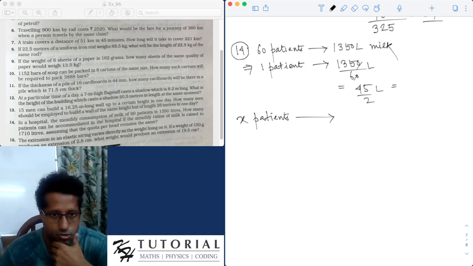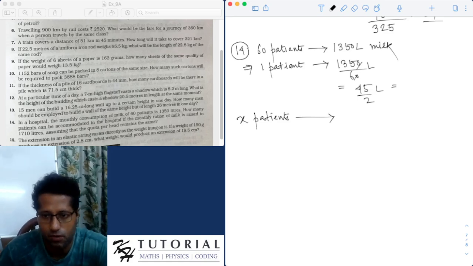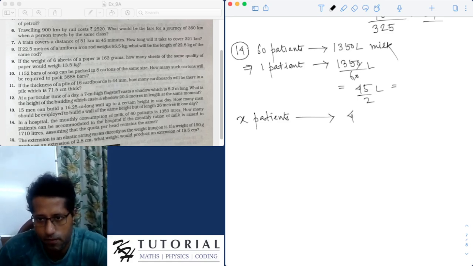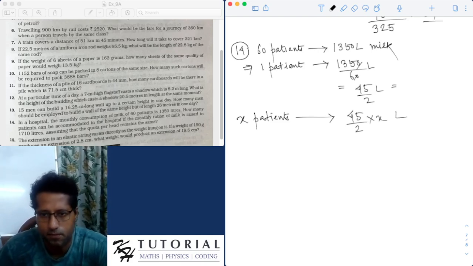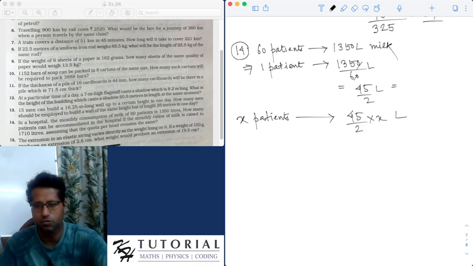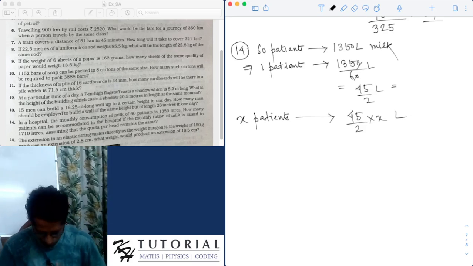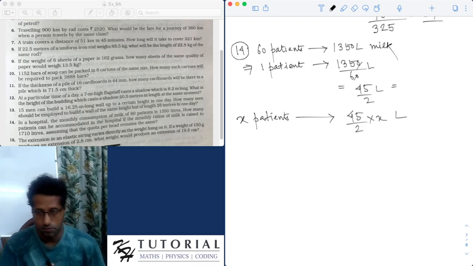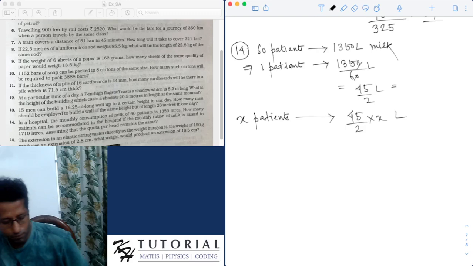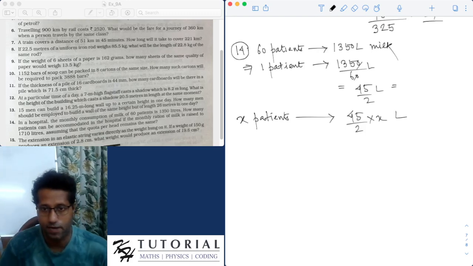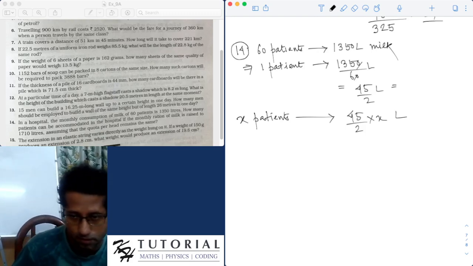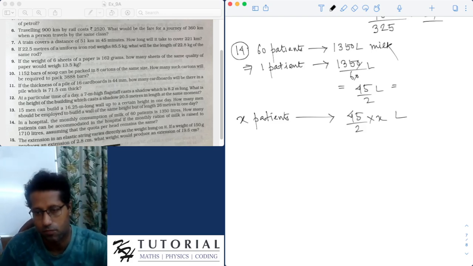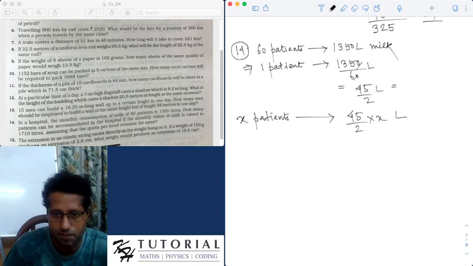So if X patients are accommodated in the hospital, then X patients will consume 45 by 2 into X liters of milk in 1 month, because the consumption of one patient remains the same.